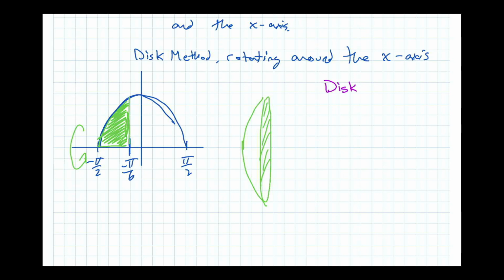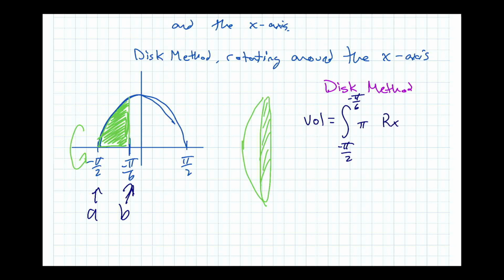The disk method tells us the volume is going to be the integral from a to b. We're going from here to here, so a to b. So negative pi over 2 to negative pi over 6. Pi, we know we've got our radius, which I haven't done yet.